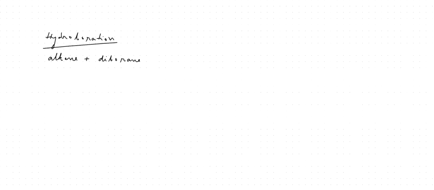What you are getting is a trialkyl borane. And when this trialkyl borane is reacting with sodium hydroxide and hydrogen peroxide, you are getting alcohol.